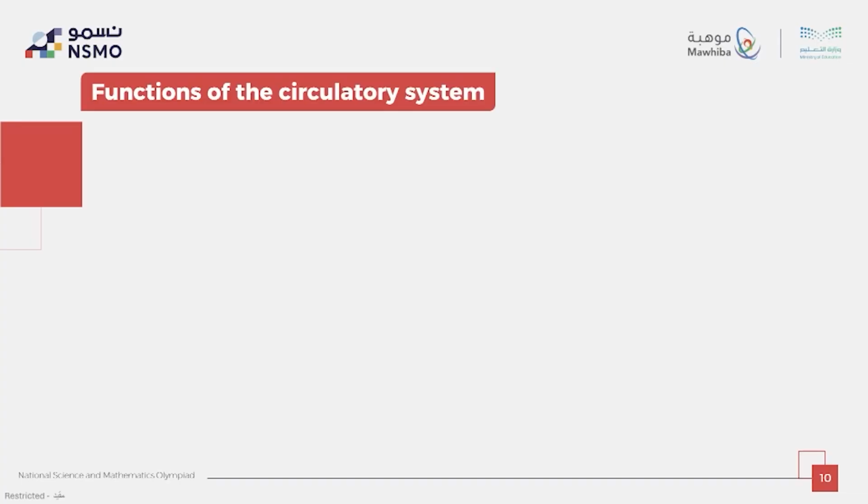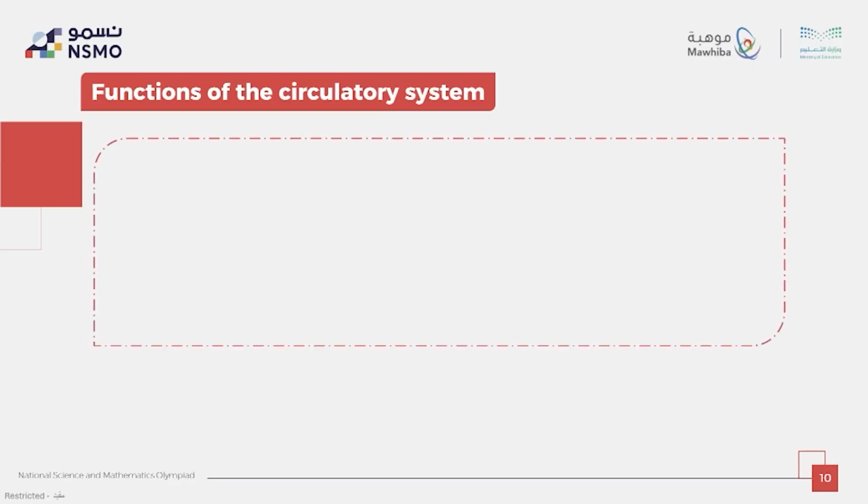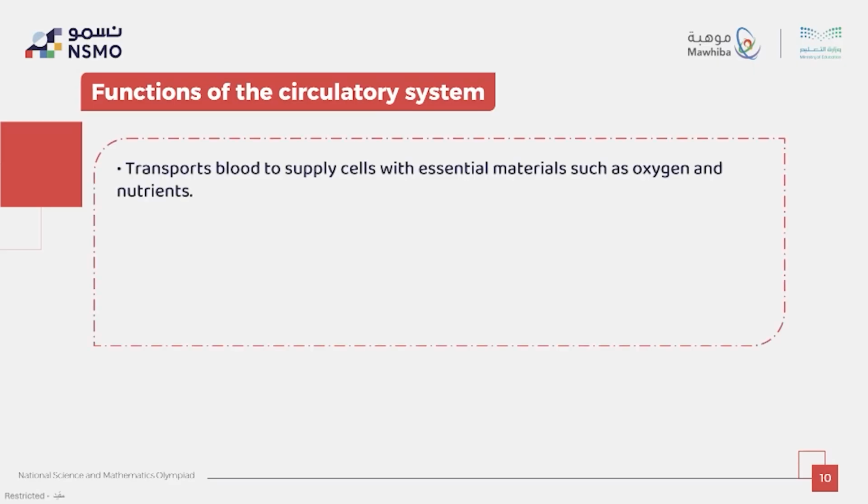After we have done with the nervous system, let's take the first part of the circulatory system, and we will talk first about its functions. The first function is transporting blood to supply cells with essential materials. The blood acts like a delivery system, transporting oxygen and nutrients needed for energy and growth.